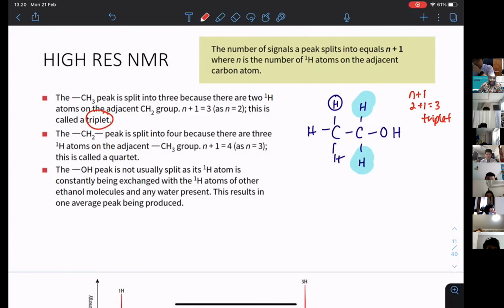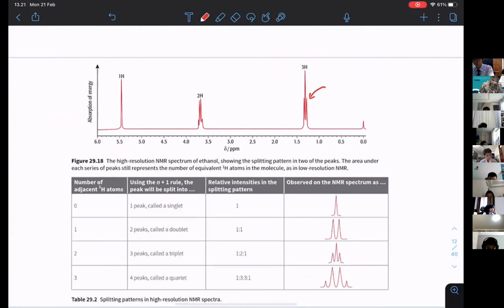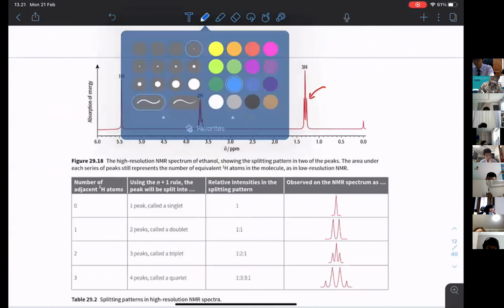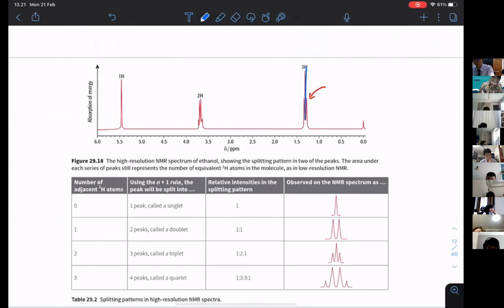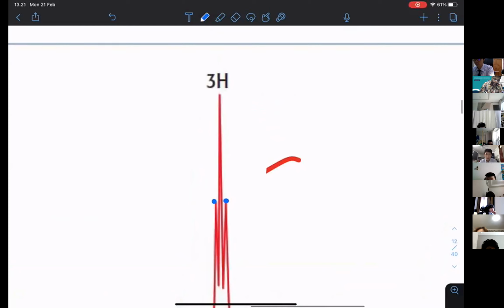So how will it appear? It will appear like this: one main peak, and then you have 1 and 1. I'll erase because it's already ugly, but you see here, you have 1, 2, 3 peaks in total. Don't confuse these 3 with the other 3; this is different.